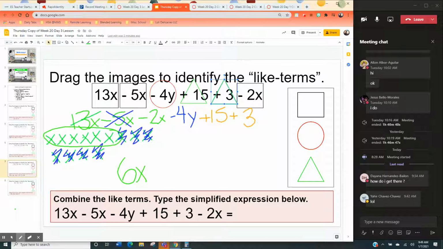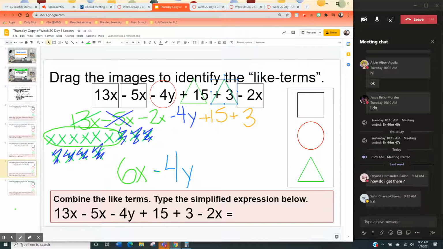Now, that minus 4y, what am I doing with it? Okay, I just rewrite it, right? So I'm just going to bring it right back down, minus 4y. Now here is where I'm seeing the first problem.